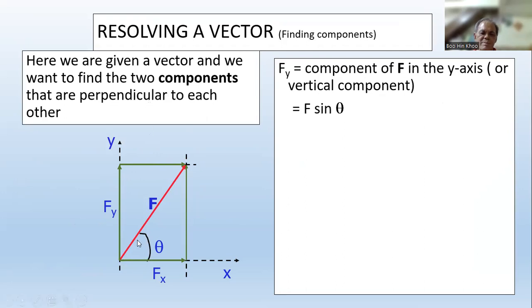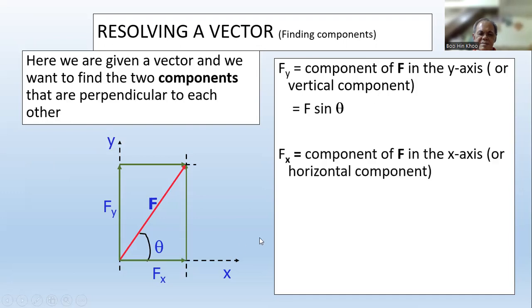So it's easier to remember, right? Fy, far away from this angle, is F sine theta. We can call the other the horizontal component, or component of F in the x direction. The side adjacent to the angle is F cos theta. Or you can use the way you have learned before: sine theta is Fy over F, and we get the equation.